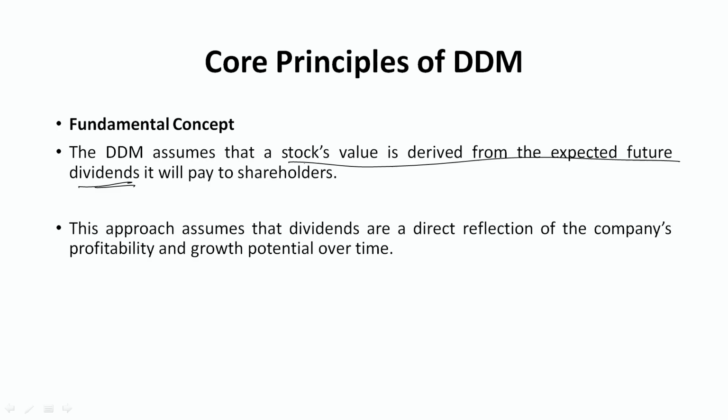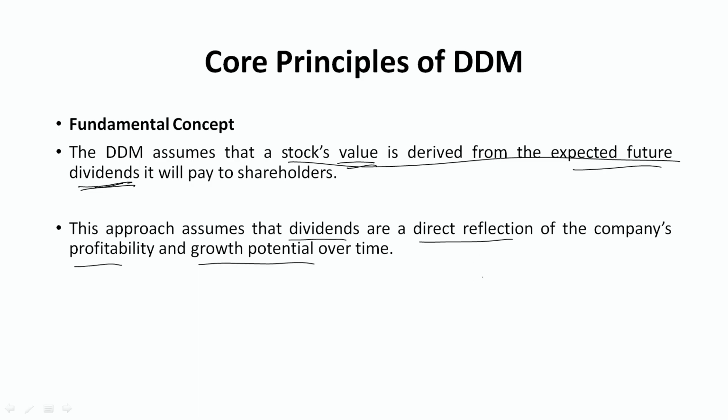So, the value is derived from the future dividend which you get, and I am going to convert it into current rate by discounting it, and it assumes that the dividends are a direct reflection of the company's profitability and growth potential.